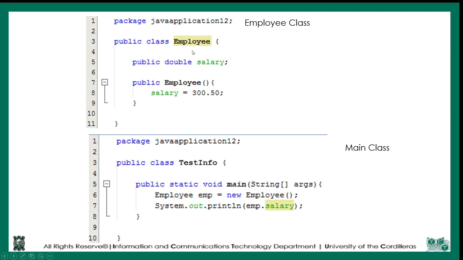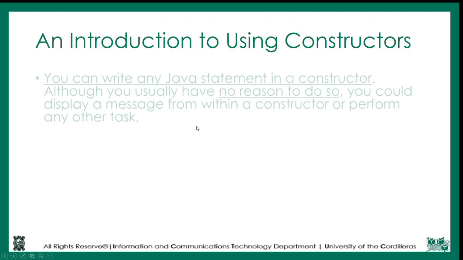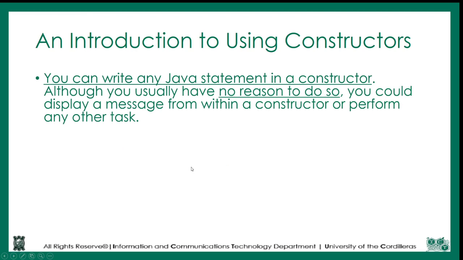We instantiated the Employee class using a constructor with the name emp, so that whenever you try to access the employee salary, all you have to do is simply use the emp variable here and call the variable salary from the other class. Since it's public, you can already access it easily. So, an introduction to using constructors. You can write any Java statement in a constructor, although you usually have no reason to do so.